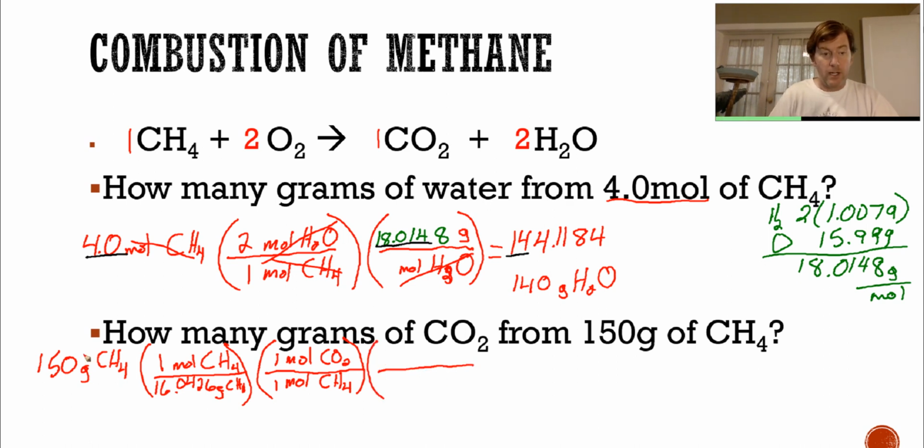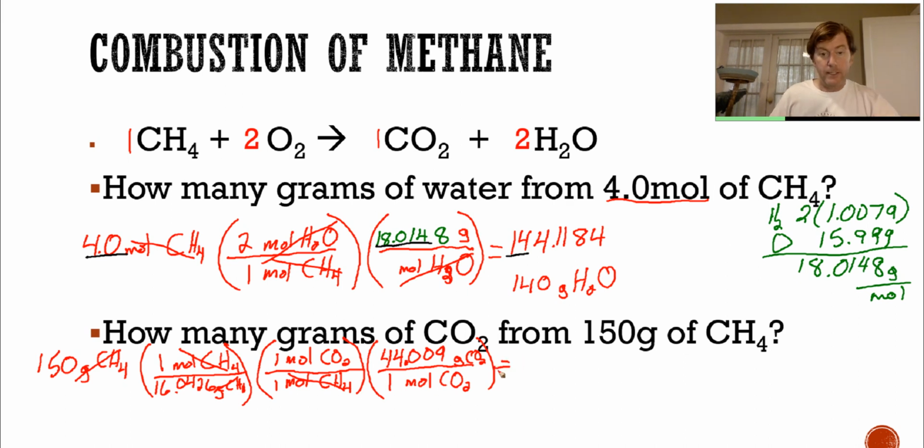So grams and moles of methane are crossing off, leaving moles of carbon dioxide. Well, I want that on the bottom now. And I want to get grams of carbon dioxide. So 1 carbon, 2 oxygen. From the numbers from the periodic table, you should get 44.009 per 1 mole.